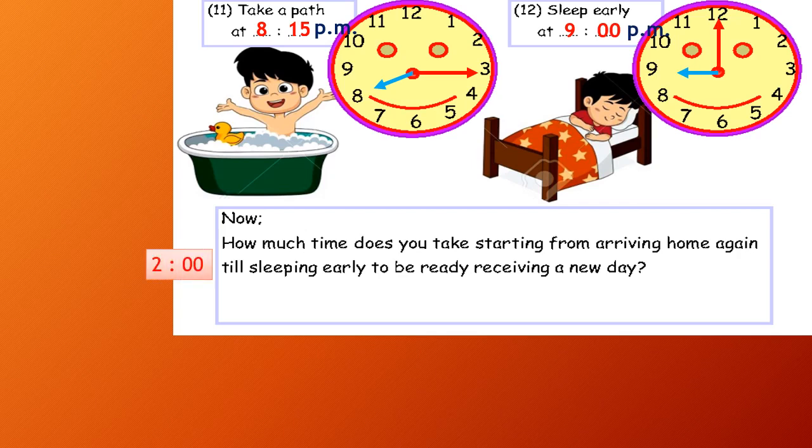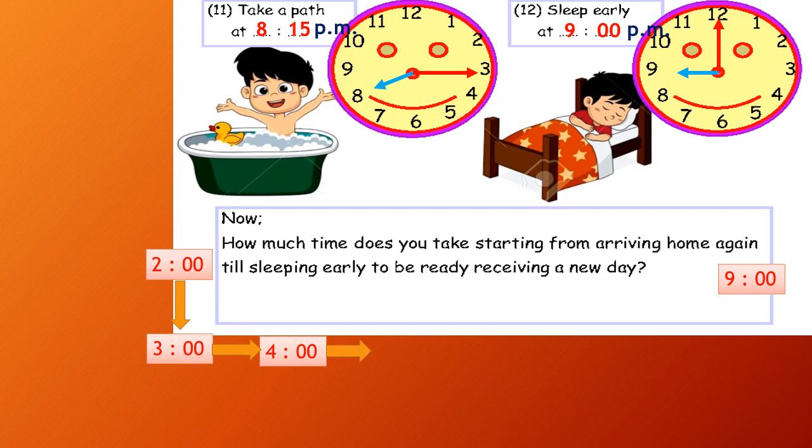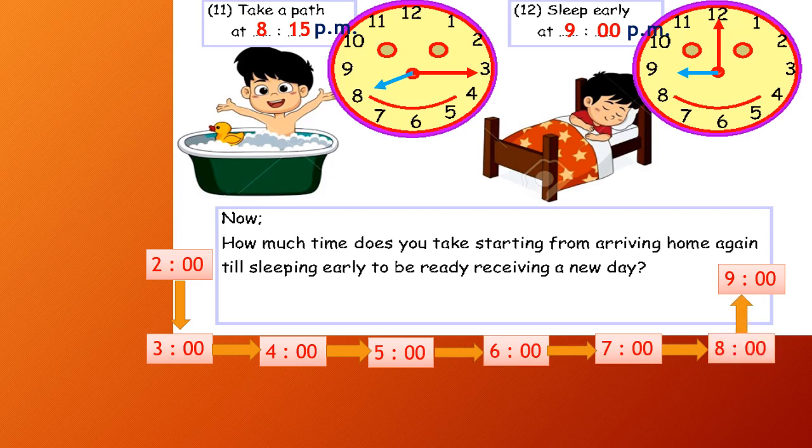How much time do you take to sleep, starting from arriving home at 2 o'clock, till sleeping early to be ready for receiving a new day at 9 o'clock? Count from 2 o'clock to 9 o'clock: 3 o'clock, 4, 5, 6, 7, 8, last at 9.